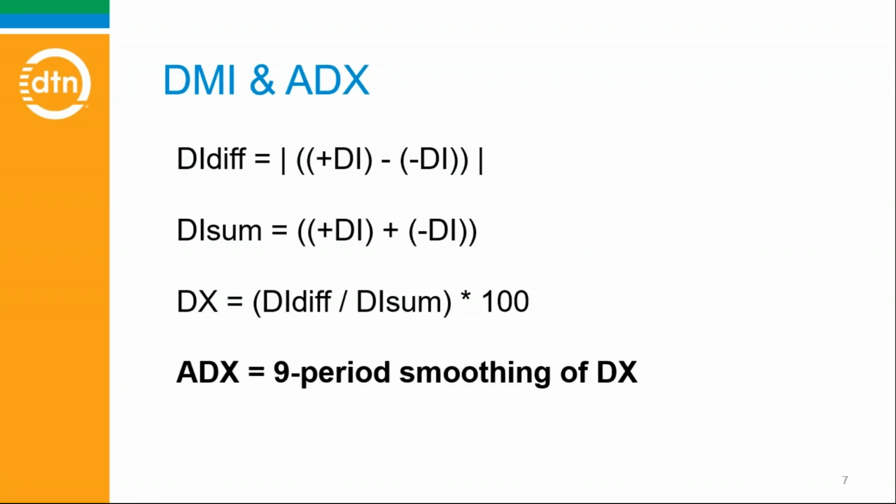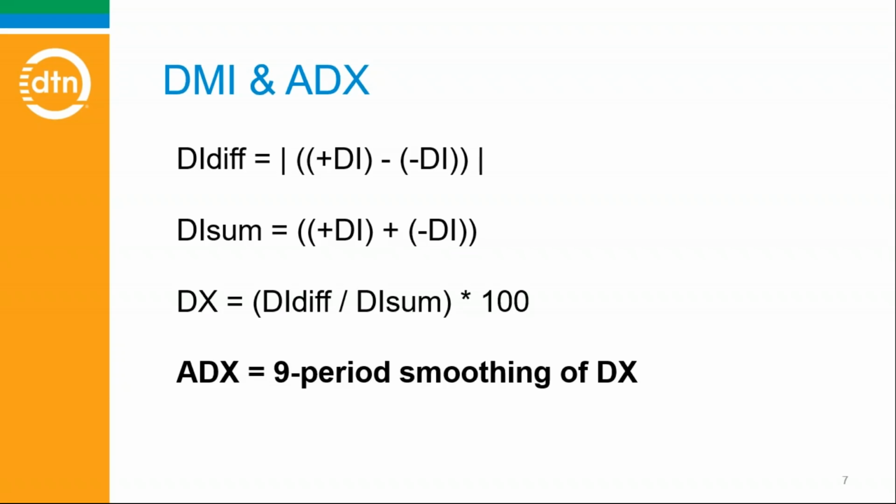Okay, and here's the formula. So DI diff is the absolute value of plus DI minus minus DI. DI sum is plus DI plus minus DI. And we get DX from these building blocks, and that is DI diff divided by DI sum times 100.